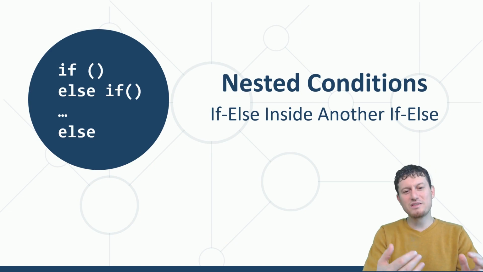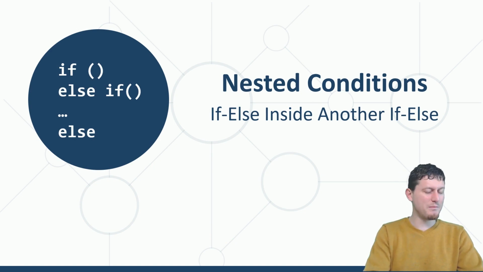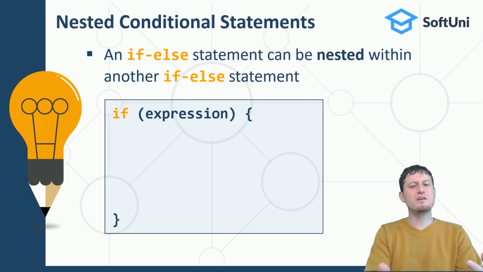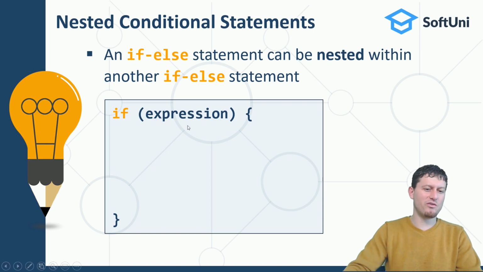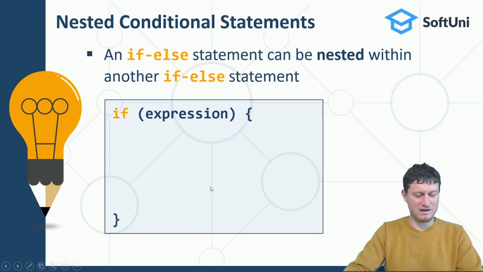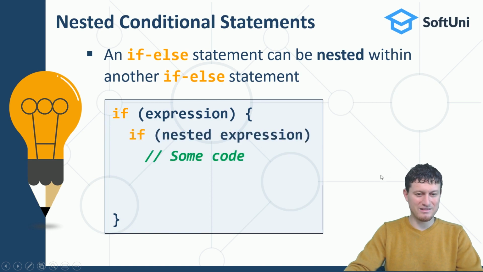So with the nested conditions, we may have if-else inside another if-else. How to do this? An if-else statement can be nested within another if-else statement, like it's shown below. We have an if expression and we have a block. Or we may have just a single statement later.